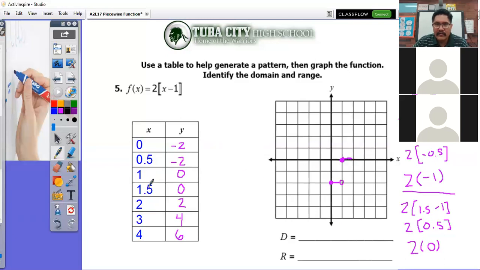And let's see, if I were to go over 1.5, which is right here on the x-axis, I would still be at 0. Over 2 up to, and let's see, 3. So if I go over 3, I have to go up 4.